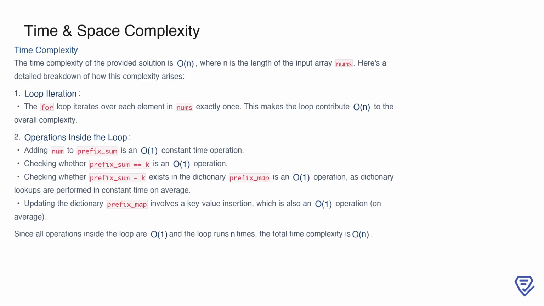For instance, updating the prefix sum and checking for specific conditions in the hash map only take O(1) time. Even the insertion of new entries into the dictionary is a constant time operation on average. When you combine all these constant time operations within a single O(n) loop, the result is an overall time complexity of O(n). This makes the solution very efficient for large input sizes.